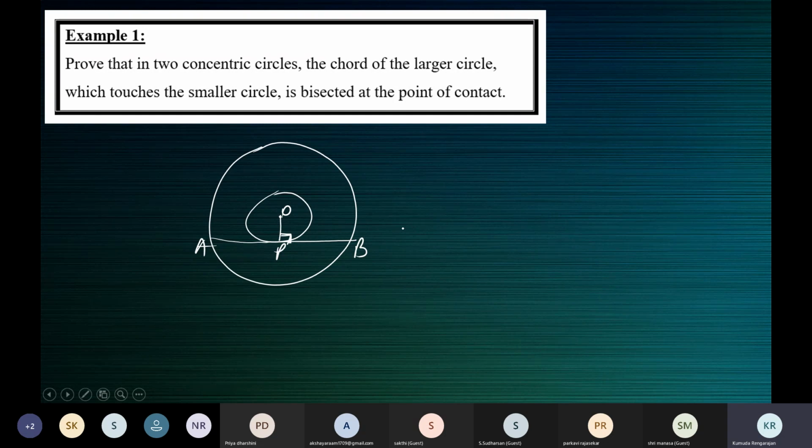We have learned that. Yes, ma'am. A perpendicular from the center to the chord bisects the chord. So AB is a chord to the outer circle, and OP is perpendicular to the chord AB. So the perpendicular OP from the center to the chord AB bisects the chord. So AP is equal to BP.